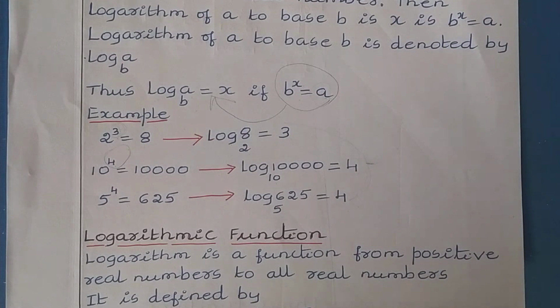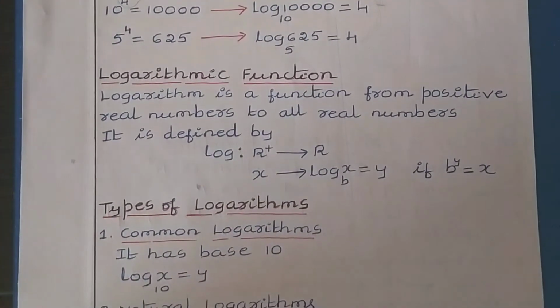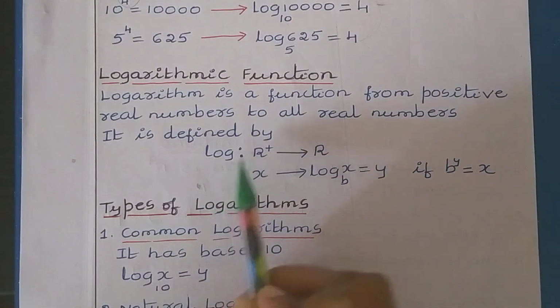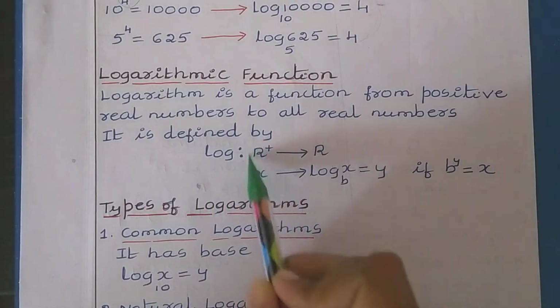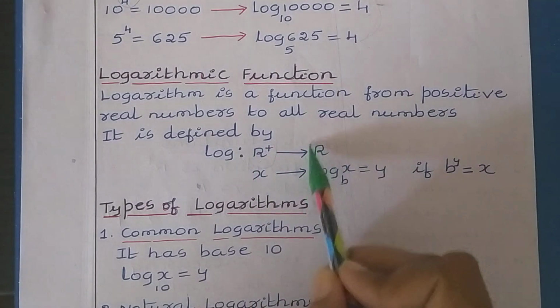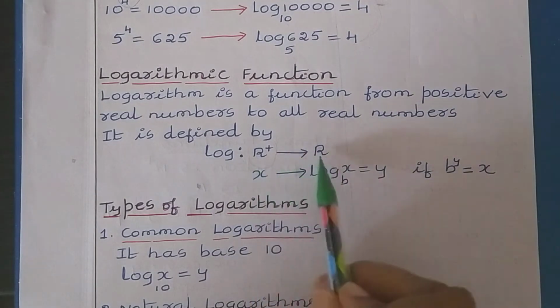Now let us see how we can represent this logarithm function. To represent this logarithm function, we can write log, then colon. Here you need to write the x value, the domain value, and this forms the range value. So domain and range you need to write.